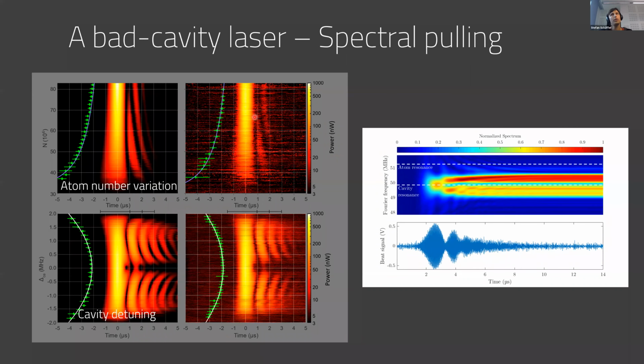And as time goes on, we see some slight oscillations happening. And if we detune the cavity away from atom resonance, we can sharply enhance the oscillations that are going on as the excitation in the system is sloshing back and forth between cavity mode excitation and atomic excitation.